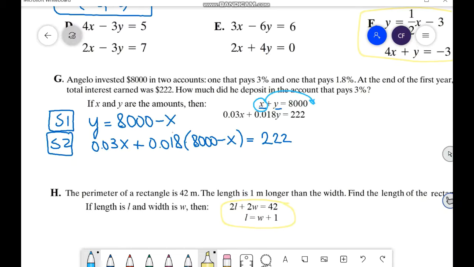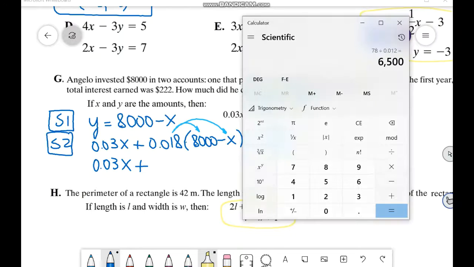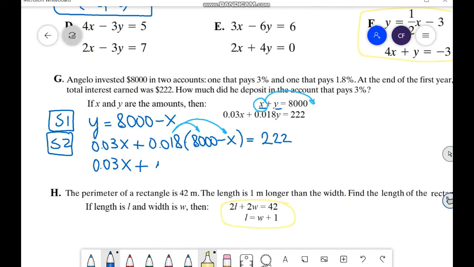To complete step number 2, we're going to simplify this equation applying distributive property. So 0.03x plus 0.018, and let's use the calculator. Just make sure that you get the right answer. 0.018 times 8,000 equals 144.